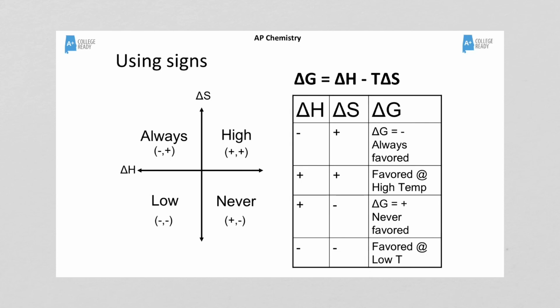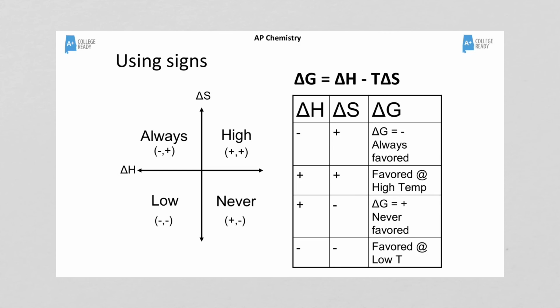On the next slide, this is just a summary. There are a couple ways to look at this. I'll start with the signs. As you look at this graph, notice that H is on the X axis and entropy is on the Y axis.